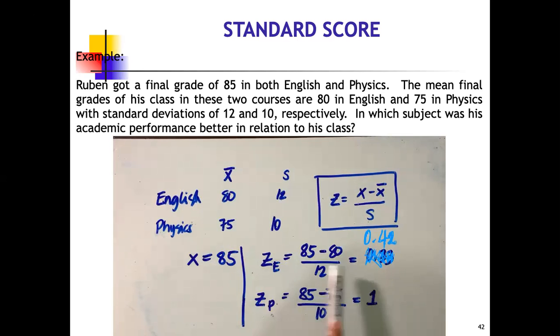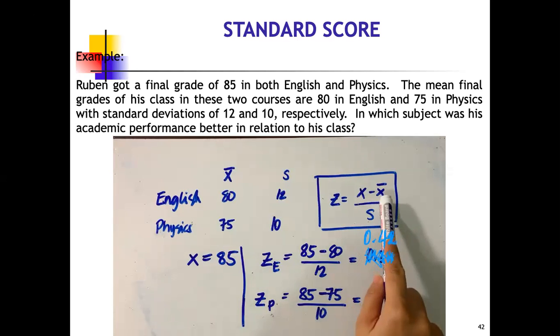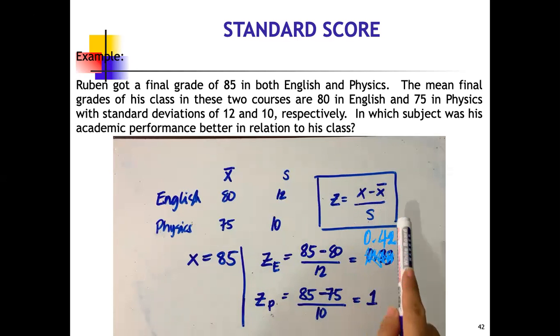When the z-score is positive, the raw score is greater than the mean, thus the value you will have here would be positive. However, if the z-score is negative, that indicates that the raw score x is lower than the mean, thus you will end up with a negative z-score.